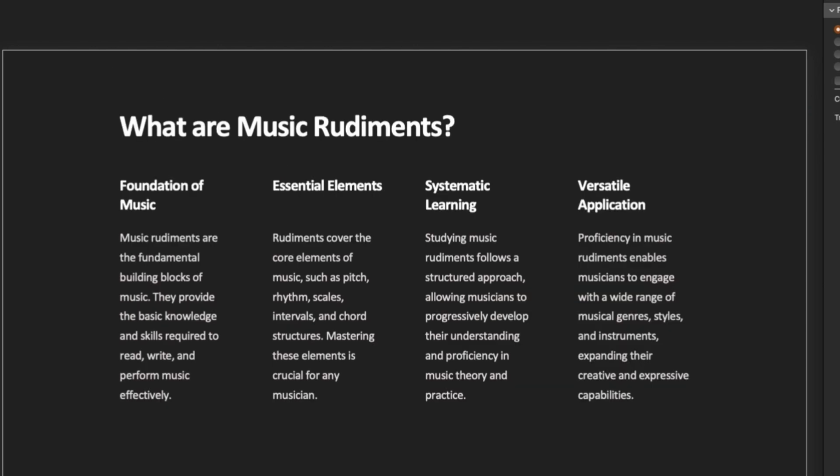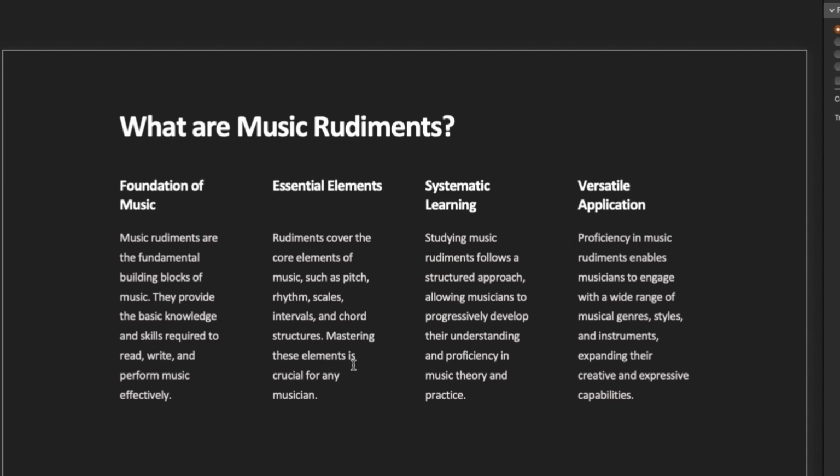Like I've put over here, I said music rudiments are the fundamental building block of music. They provide basic knowledge and skills required to write, read, and perform music effectively. Some of these elements that are being required are the pitch, the rhythm, the scale, the interval, and the chord structure, which are part of what we'll be talking most about under this section.